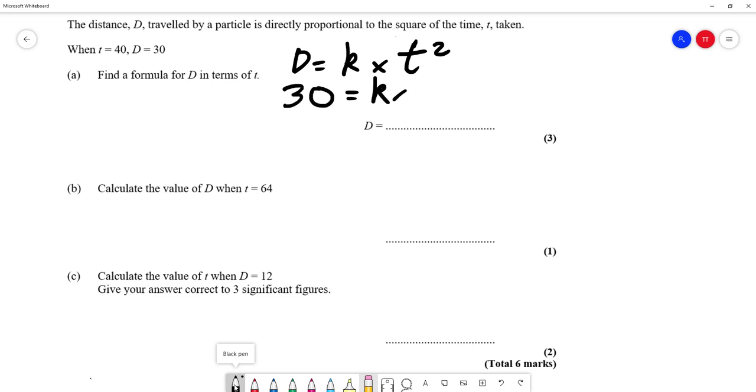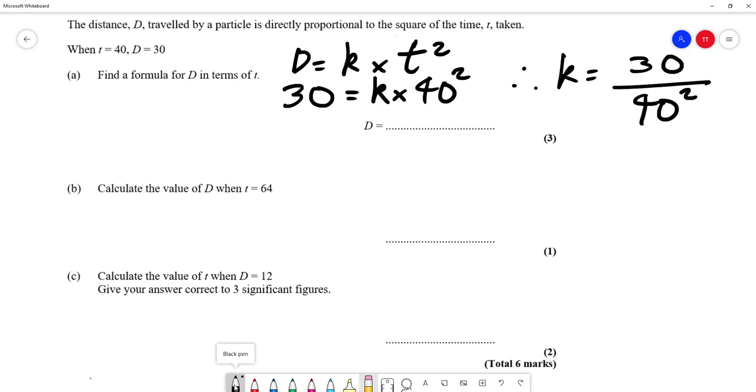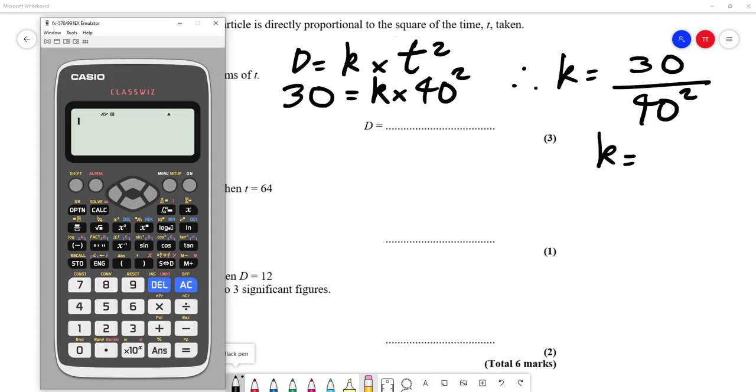We don't know k, but the time is 40, so don't forget we need to square it. So we can say k equals 30 divided by 40 squared. Calculator now and do this. So we're going to get 30 divided by 40 squared, which gives me 3 over 160.